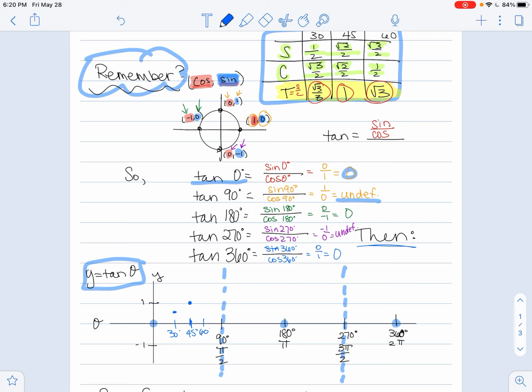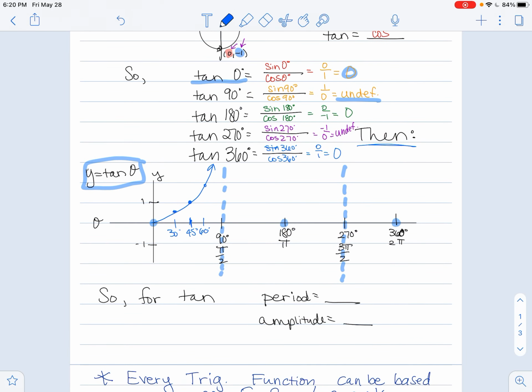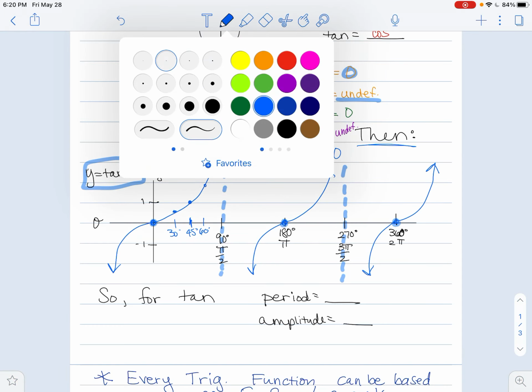And then at 60 degrees, it's a value of root 3, which is about like this. So when I plot these, it goes up like that and follows the asymptote. Every pattern from the 0, we go up and to the right like this. And if we were to go negative, it would be the exact opposite, like this. And this is our tangent function.